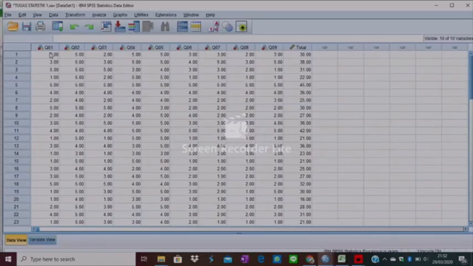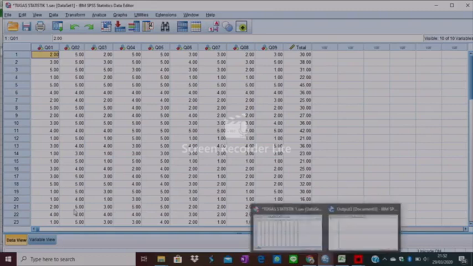Next, copy and paste the data from Microsoft Excel and move to the SPSS application like this.